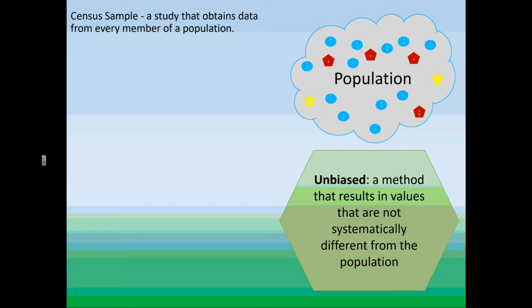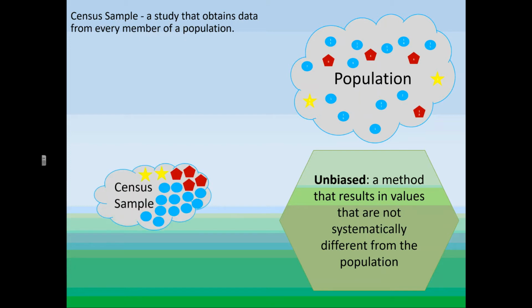You've also heard, perhaps, about the US Census. The US Census is a study that obtains data from every member of the population, or at least it tries to. That is why when the census comes around every 5 years, they have commercials, they have mail, they have ads, all of those trying to get people to sign up so that everybody in the population gets counted and everybody is part of our sample.